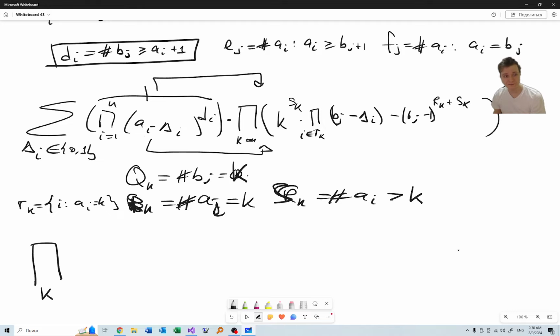Now let's take the sum over all delta_i in {0, 1}, where i is in R_k.